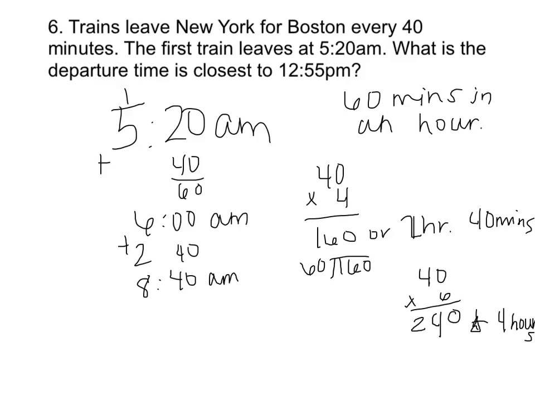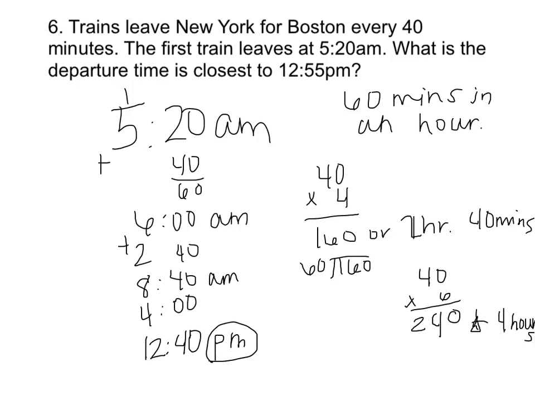Okay, so if I add 4 hours to 8:40 a.m., I would get 8, 9, 10, 11, 12:40 p.m. Right when it hits 12 o'clock noon, in the middle of the day, it turns to p.m. So I would get 12:40 p.m.